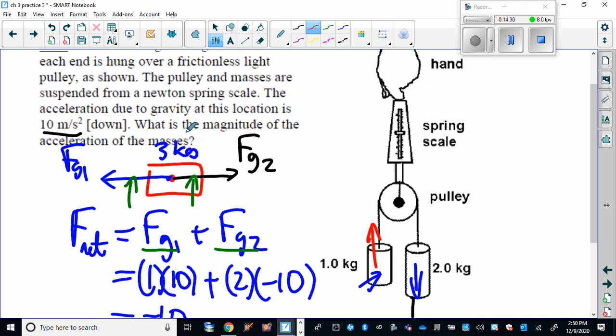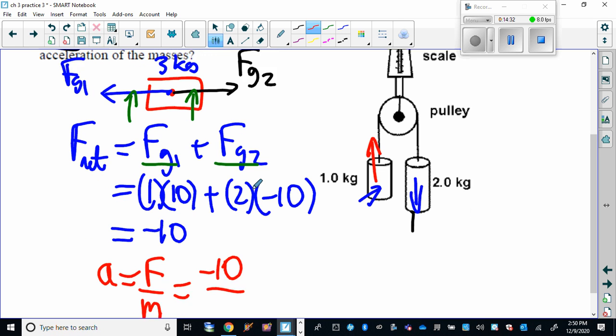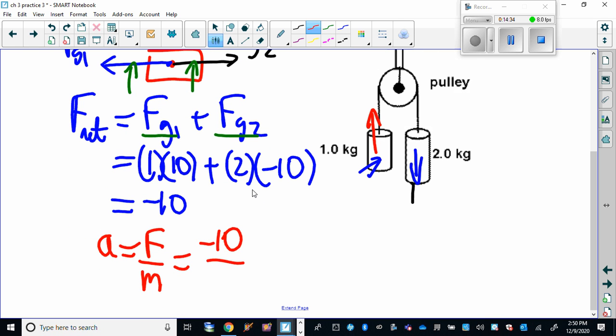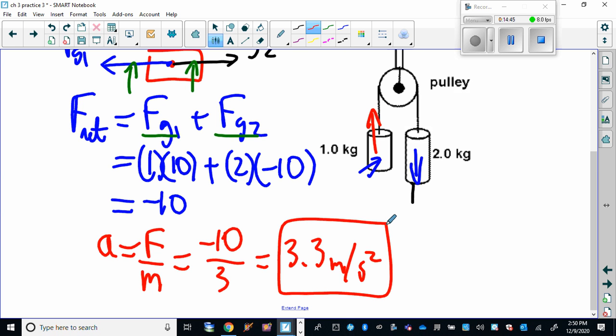And in the question it says what is the magnitude of the acceleration, so the negative is not relevant for this specific question. Divided by the mass of the whole thing, and you get 3.3 meters per second squared, which means that the 1 kilogram mass is accelerating up at 3.3 meters per second squared, and the 2 kilogram mass is accelerating down at 3.3 meters per second squared.